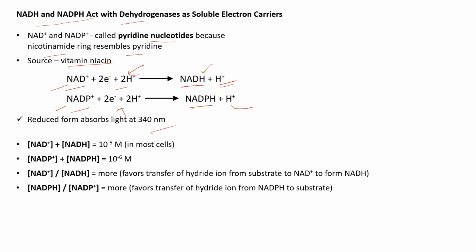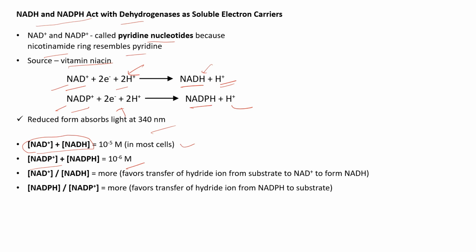Now, NAD plus and NADH. The concentration of these electron carriers in most cells is 10 to the power minus 5 molar, whereas the concentration of NADP plus and NADPH together is 10 to the power minus 6 molar. Clear?